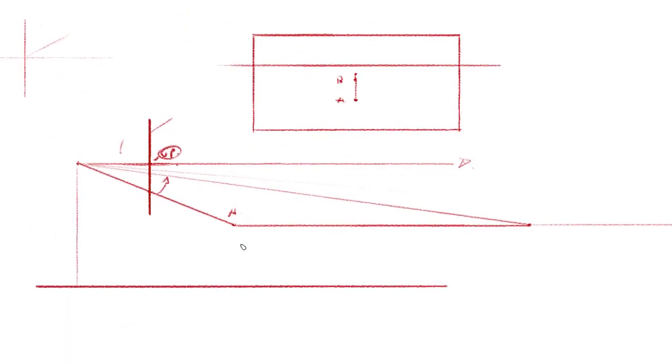Let's do another test. I'm going to add a line just below this, directly below A, B, C. This is D now, but I'm going to come a little bit forward. I'm going to create a point D here. Don't worry about the picture plane.